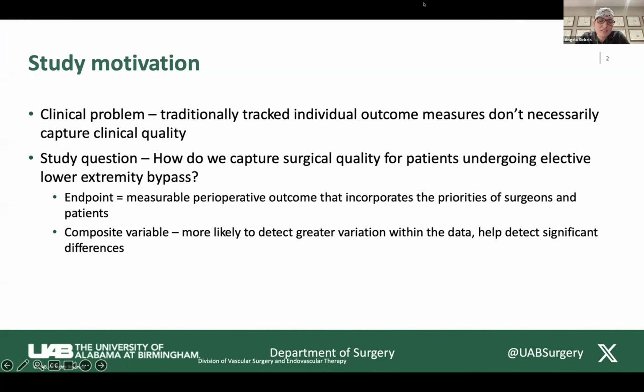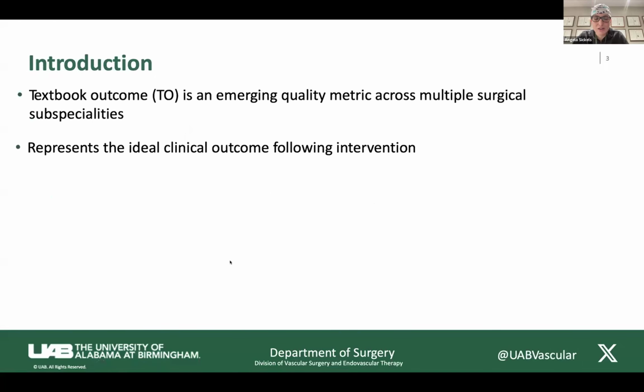And so we wanted to say, how do we capture surgical quality for patients undergoing elective lower extremity bypass? We wanted something measurable, a perioperative outcome that incorporates both priorities of surgeons and patients. And with the composite, the idea is that you have a higher event rate and therefore you're able to detect greater variability. So Dr. Humphreys presented the concept of textbook outcomes very well.